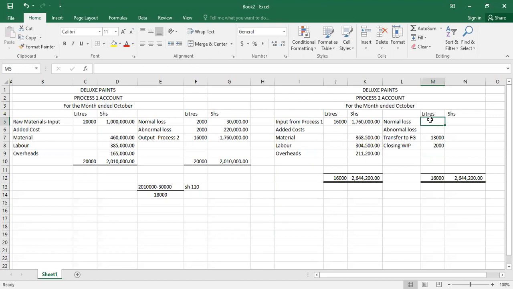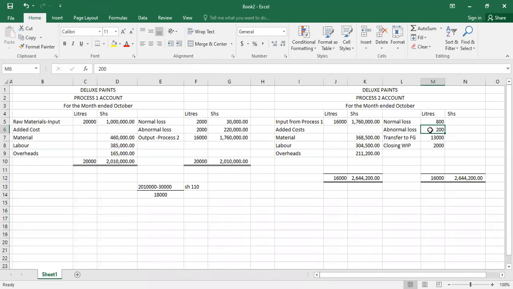So we know that our abnormal loss is 200. I've indicated 800. So I'm saying automatically our abnormal loss is 200. You are looking for 1,000, isn't it? Yes. So what we don't have is the cost, and that is what you are supposed to establish.